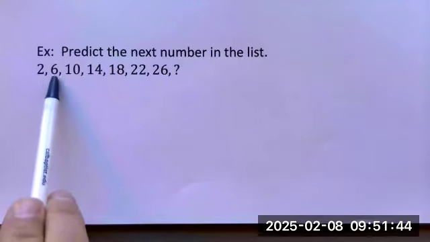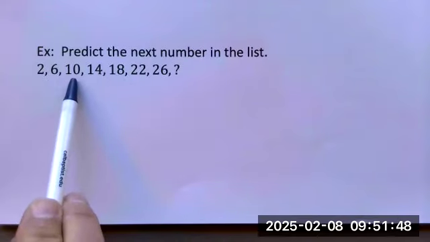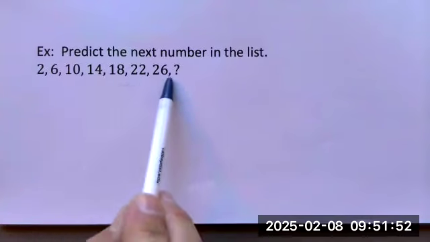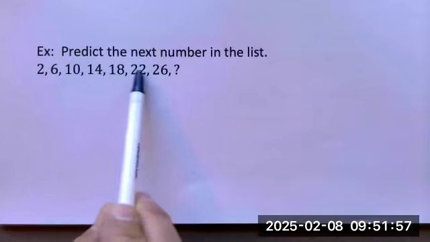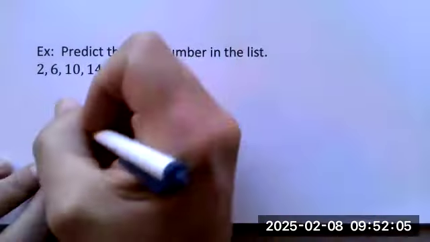Most of us would say, I think we are adding 4 each time. Look at 2 plus 4 is 6, 6 plus 4 is 10, 10 plus 4 is 14. And that pattern keeps happening. And I have several examples to go on. 1, 2, 3, 4, 5, 6. I have 7 numbers in that list. And so I'm fairly sure that probably the next number would be 30.